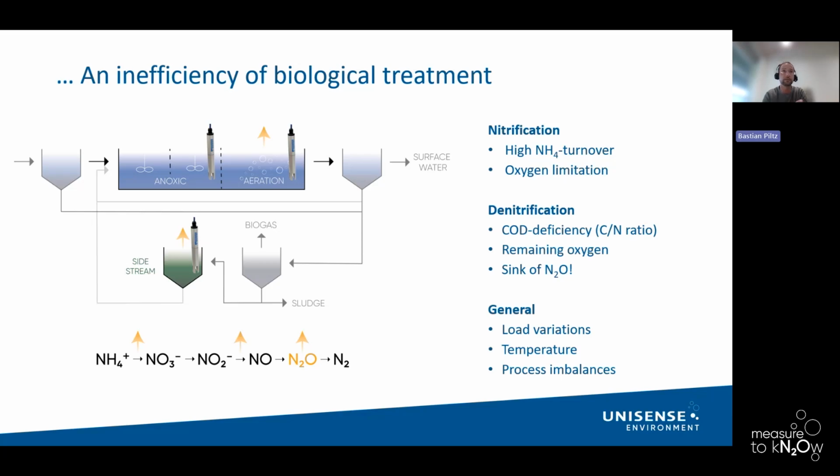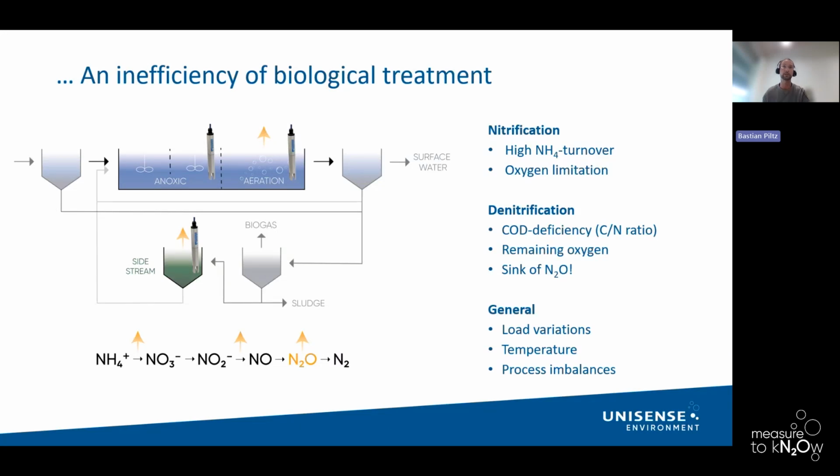And during nitrification, this is mainly a high ammonium turnover that can be a problem, which can be taken care of by adjusting MLSS values. Oxygen limitation can be an issue, so adjusting the aeration strategy is really key for low nitrous oxide operation.